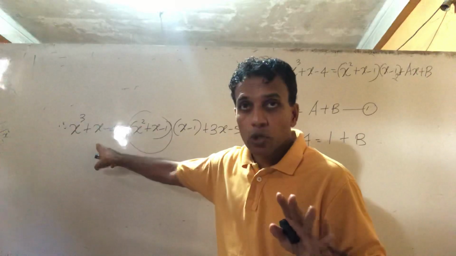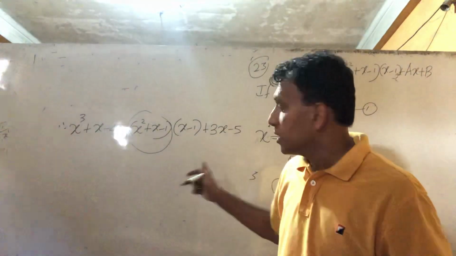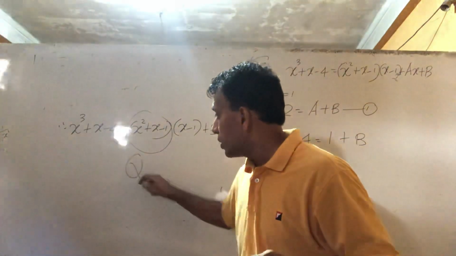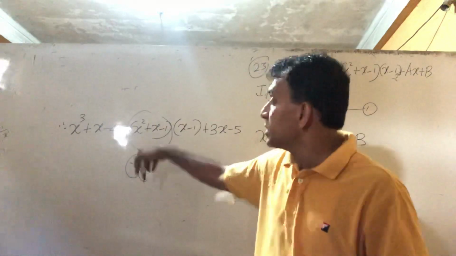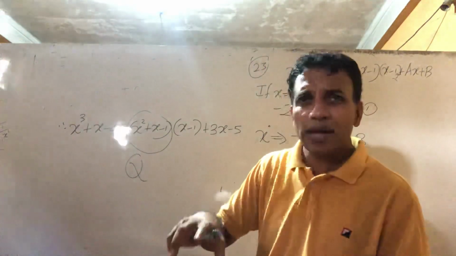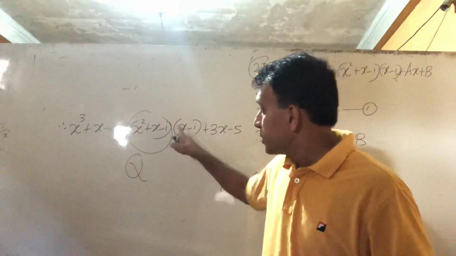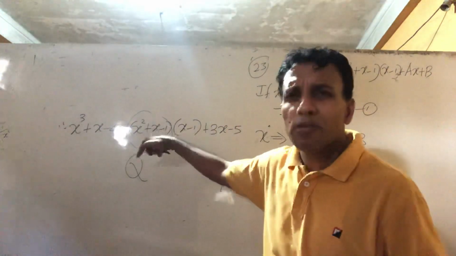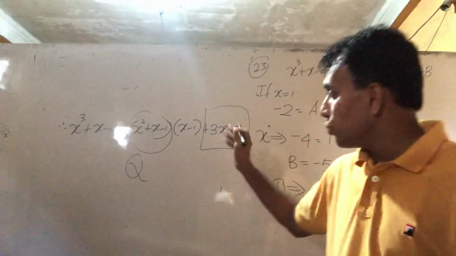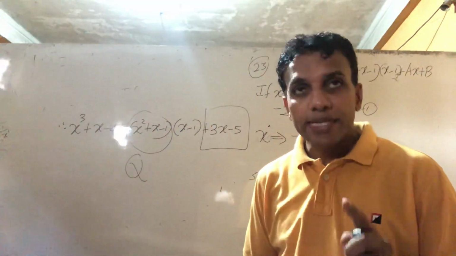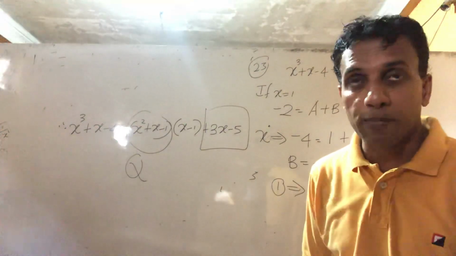This is the quotient, this is the divisor. Both come here like answer into divisor plus the balance. Therefore, this is the remainder: 3x minus 5 is the remainder. That was the 23rd problem, right?